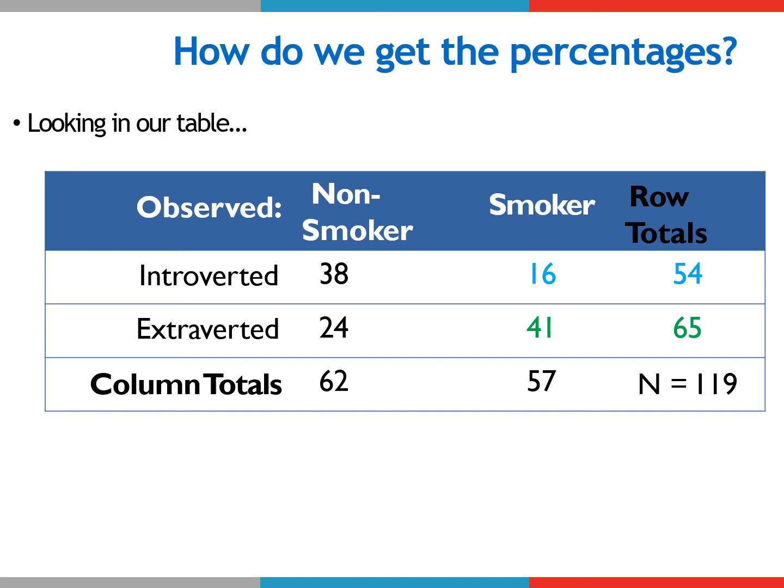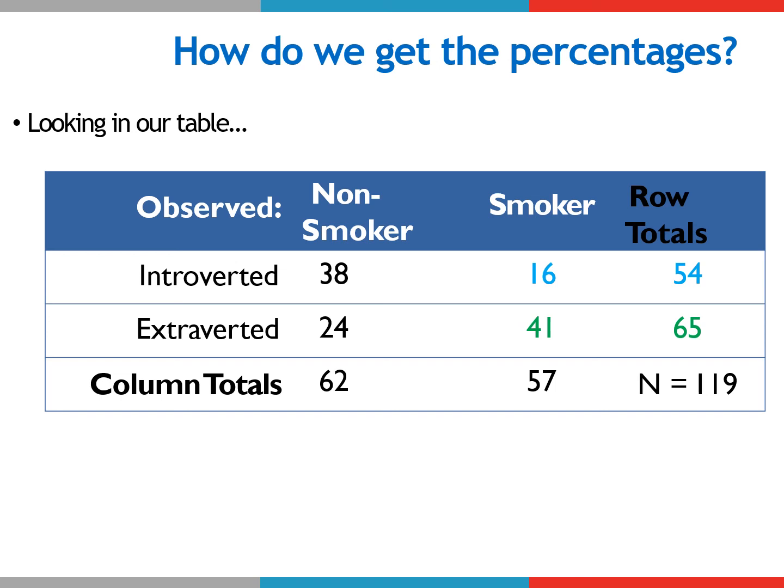If we look at our table, right, with our row totals and our column totals, we see that the total number of introverts is equal to 54. Right? And 16 of those 54 introverts are smokers, right? So if I divide 16 by 54, I get 29.62% of introverts are smokers, right?